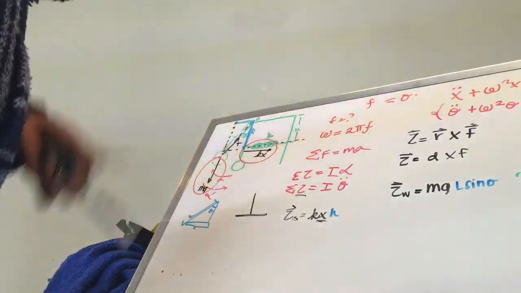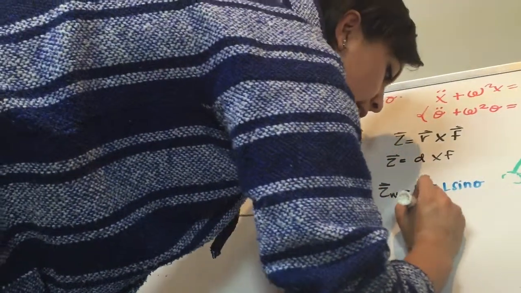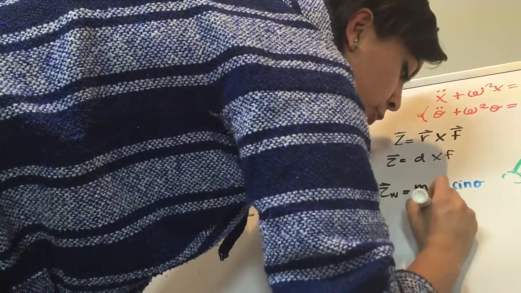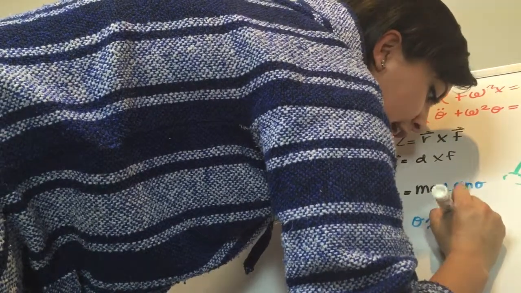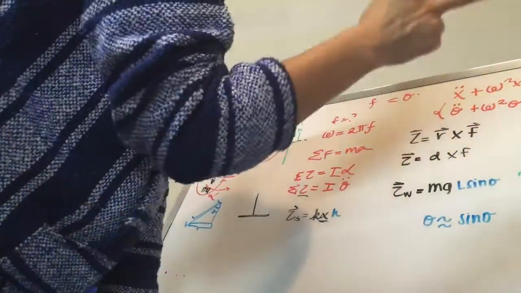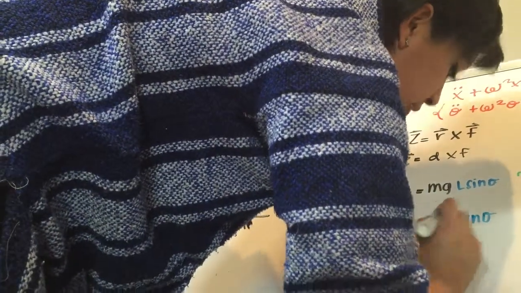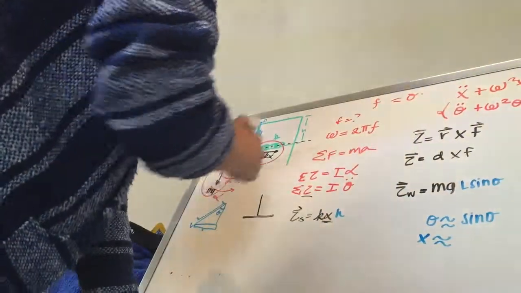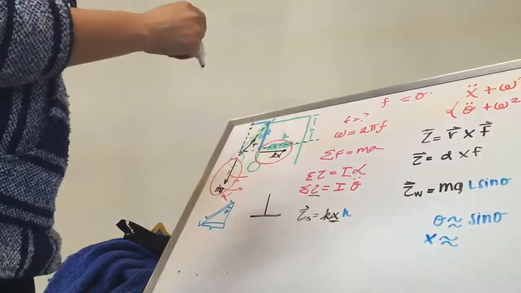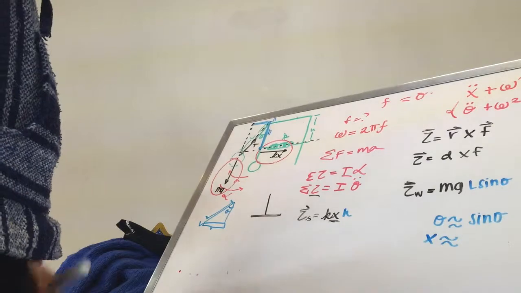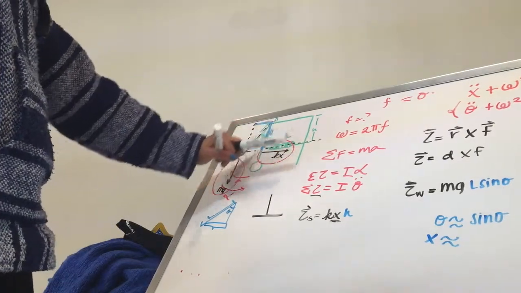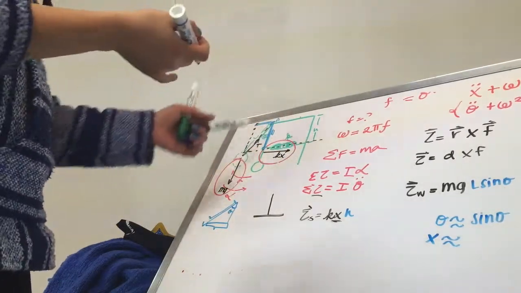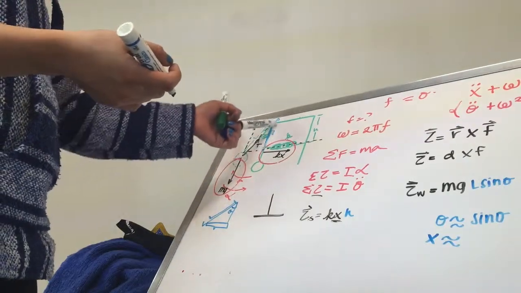First of all, when we have a small angle, our angle will be similar to the sine of our angle. Second, our x, which is this part, is going to be similar to the distance L, the angle times the distance that is acting over the movement, right? This H line that we wrote. So it's going to be similar to θ times H.